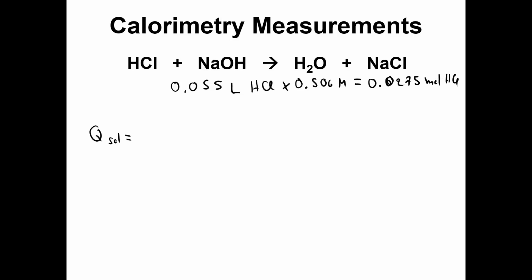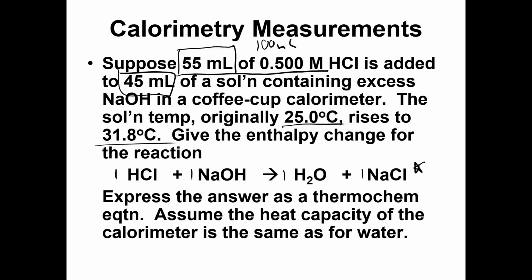Okay, so we have 100 grams of solution, which is the 55 plus the 45. We're going to assume, and that's a really good assumption, that the specific heat of that solution is equal to that of water, because it's more than 95% water, per gram per degree. And the change in temperature was 6.8 degrees. I'll go back here. It went from 25 to 31.8.